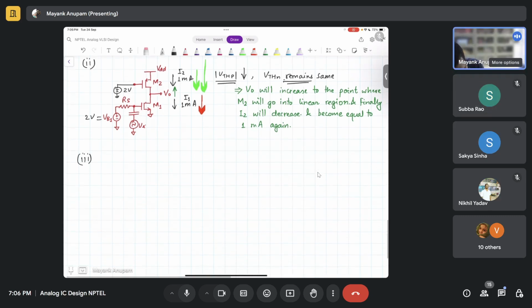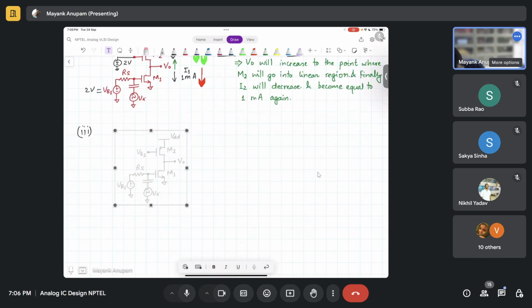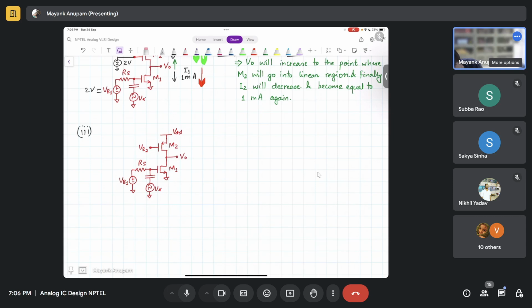That is something which was covered in your lectures also, right? You see how current mirroring helps here. So let's say I use a current mirror here.